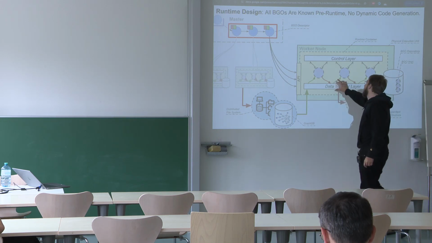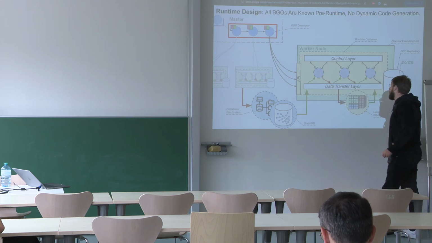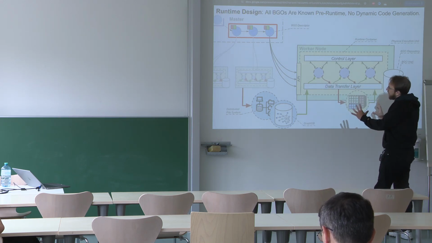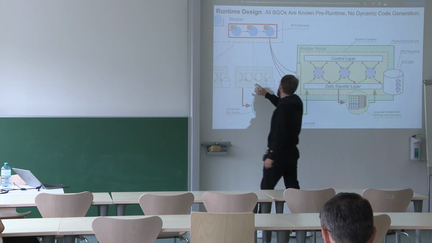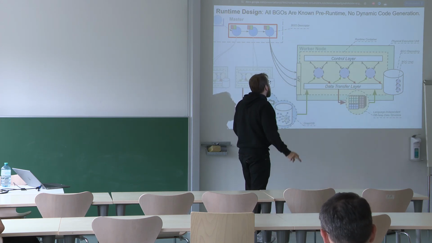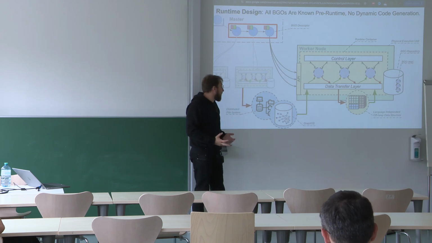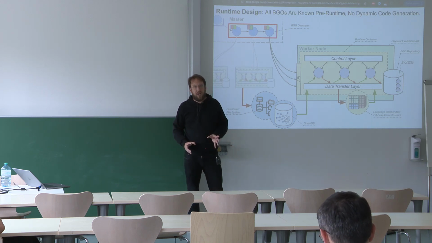Plus, there is something like a managed data transfer. So after each execution of the BGO, and this is not only true for one particular machine, but also in between physical execution units, we somehow need to coordinate and decide on how we actually exchange data in between BGOs.